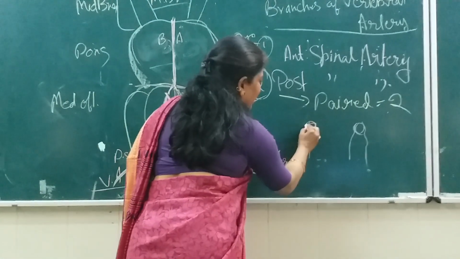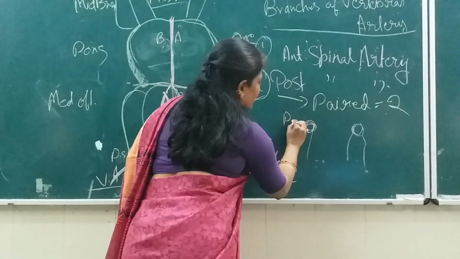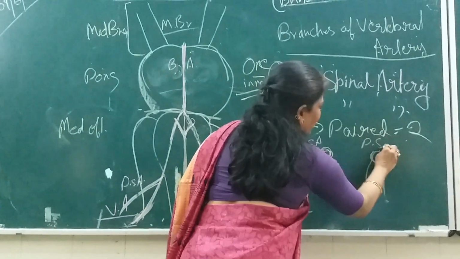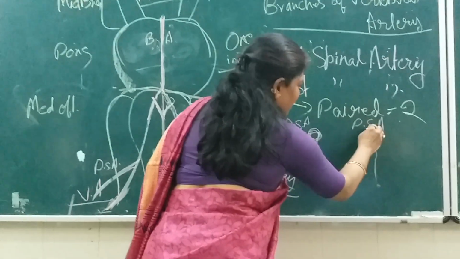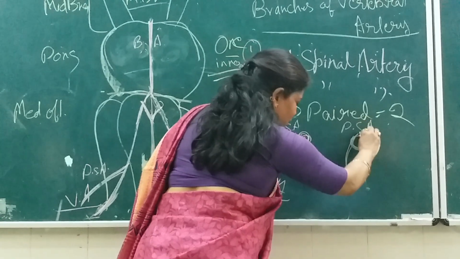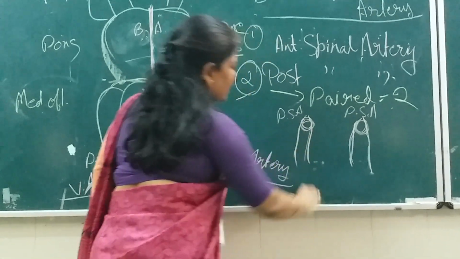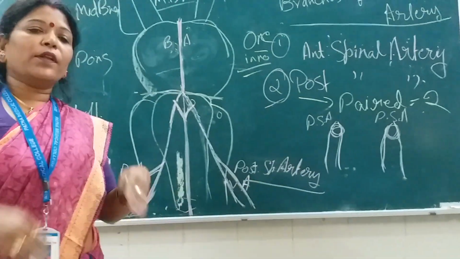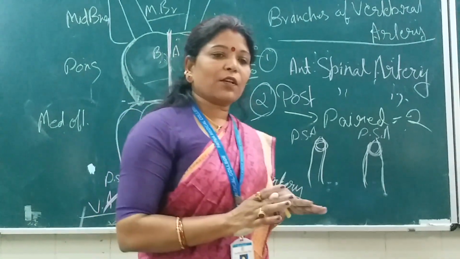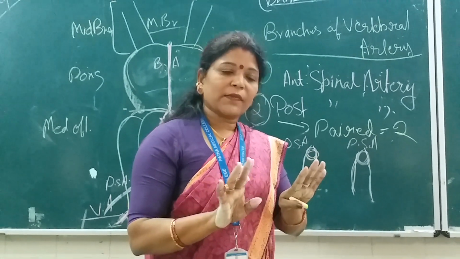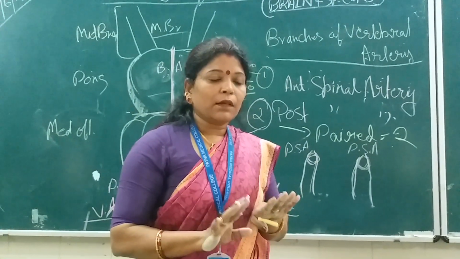This is the pair of posterior spinal arteries. Okay. Again this artery is divided into two collateral branches, and that means on the posterior side of the spinal cord there are four arteries. Is that clear? Yes or no?